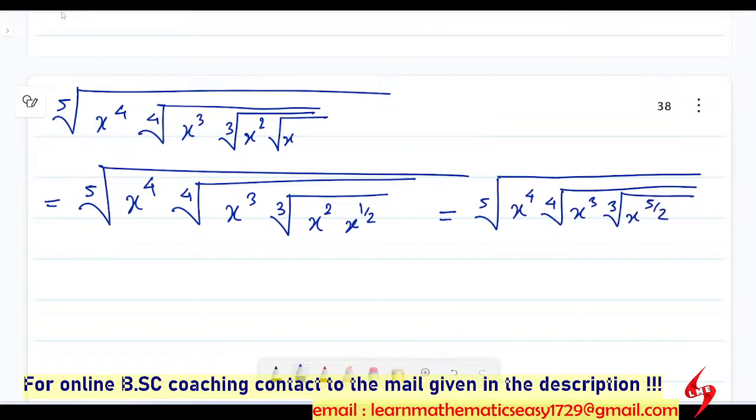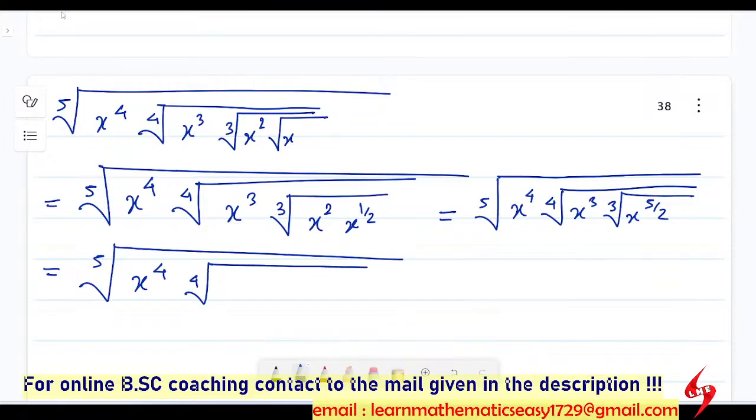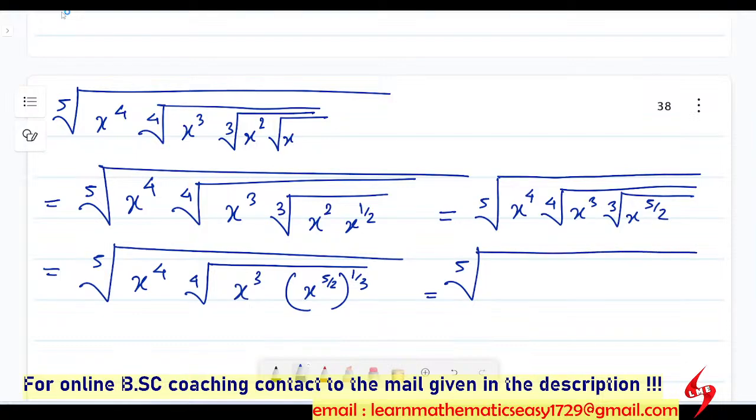Next is 1 by 3. So definitely that will be x to the power 4, x cube, and this one is x to the power 5 by 6.